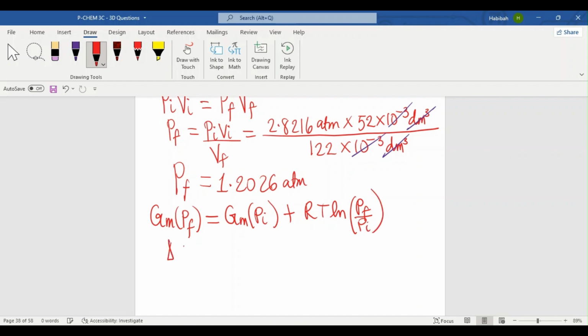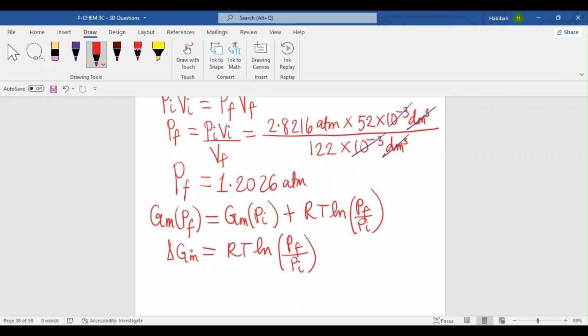So the change in molar Gibbs energy, GMPF minus GMPI, the final minus the initial, equals RT ln P final divided by P initial. That's how it's done. But then we have one issue. We're not asked to find the change in molar Gibbs energy.